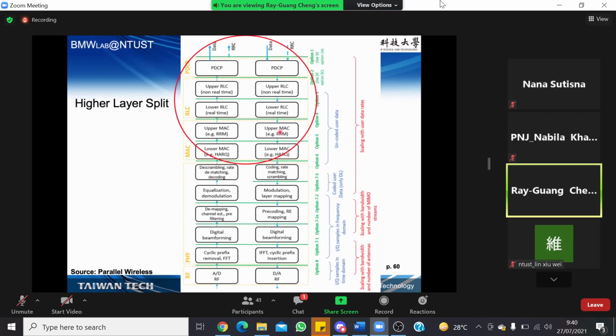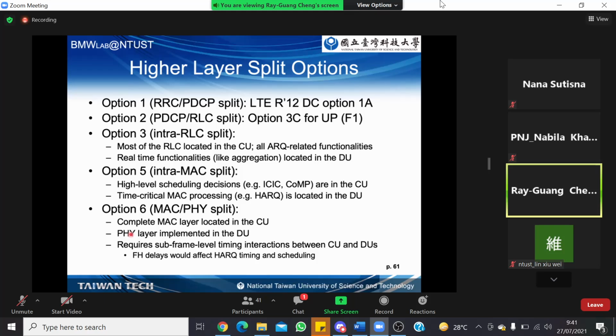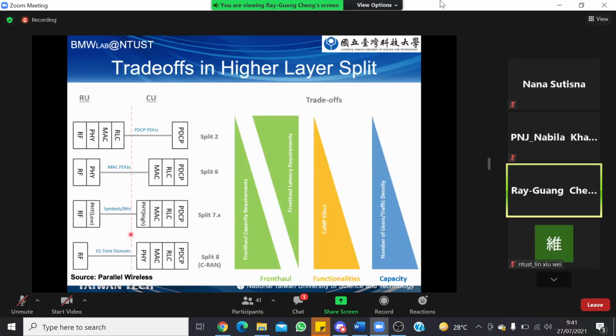If you want a split above the MAC layer, they refer to it as a higher layer split. If you want a split within the physical layer, they call it a lower layer split. So here are the options. We don't go into detail, but we show you the trade-off.